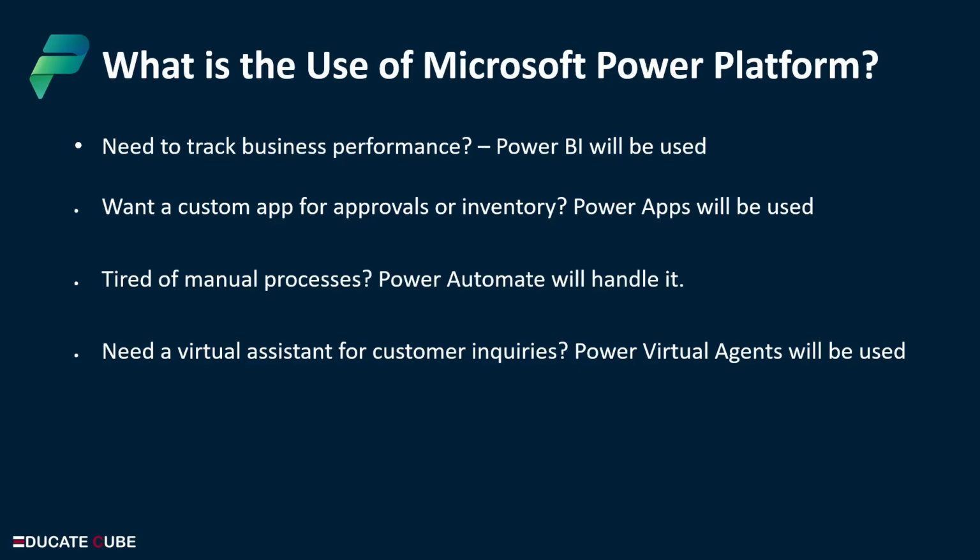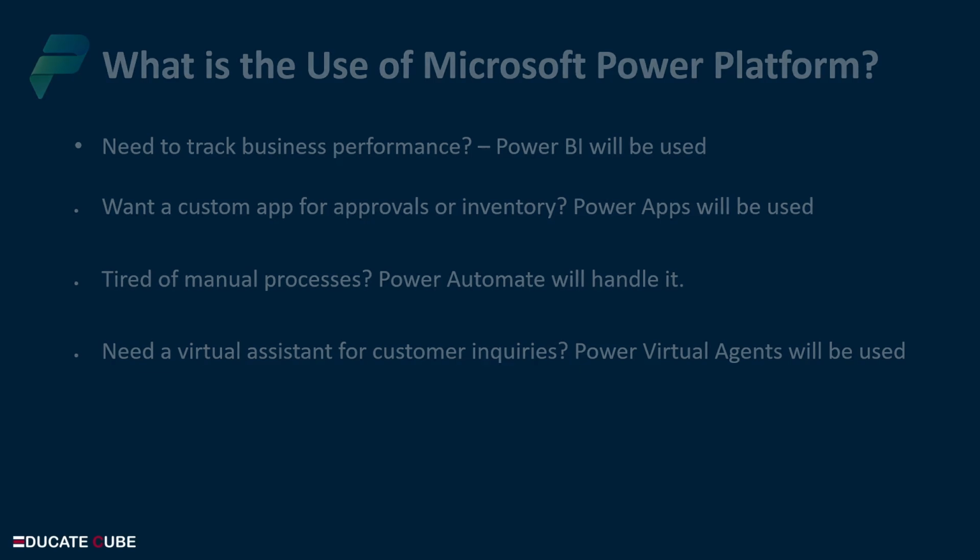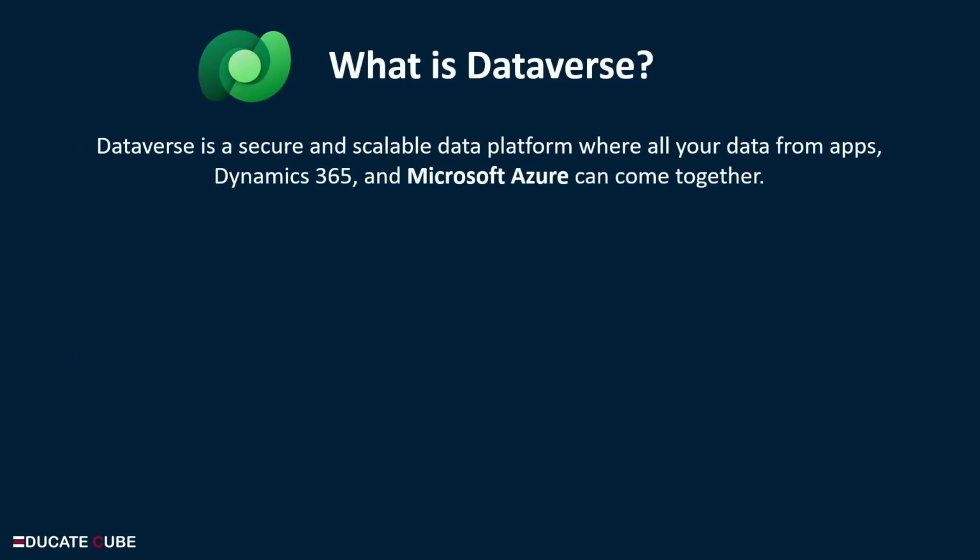Now that we have understood what is Power Apps, what is Power Automate, what is Power BI, what is Power Virtual Agents and Power Pages, let's explore another key component of the Microsoft Power Platform, which is Dataverse. At the heart of the Power Platform is Microsoft Dataverse, formerly known as Common Data Services or CDS.